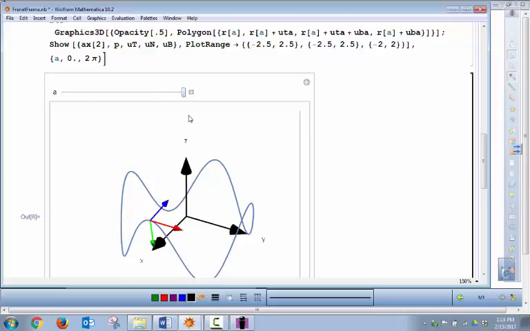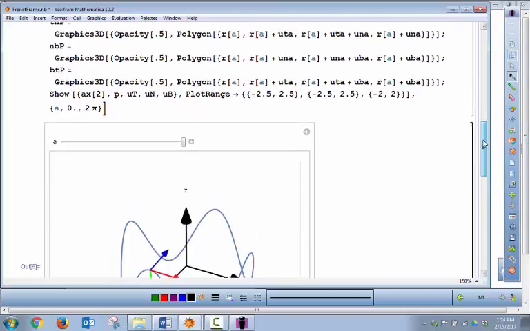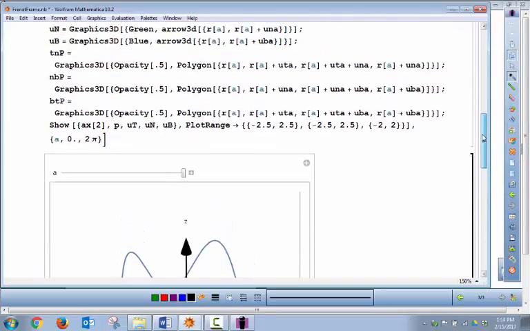Now, along with these vectors, there are also planes that are important to discuss.